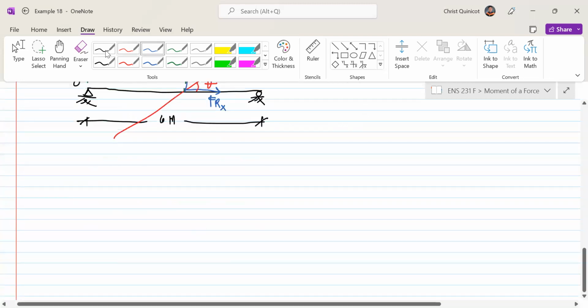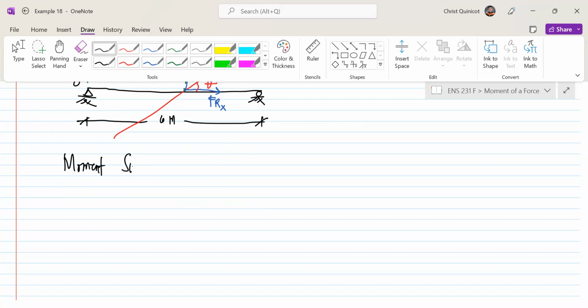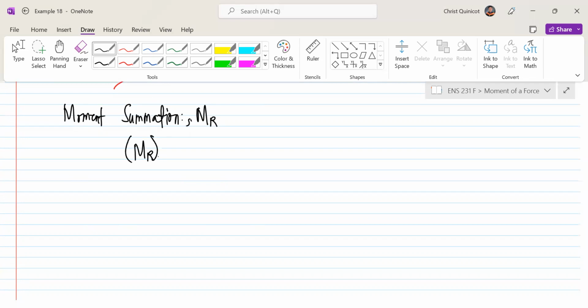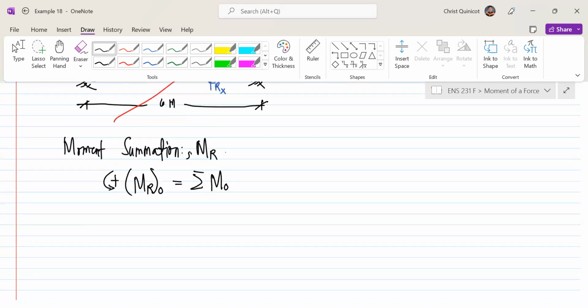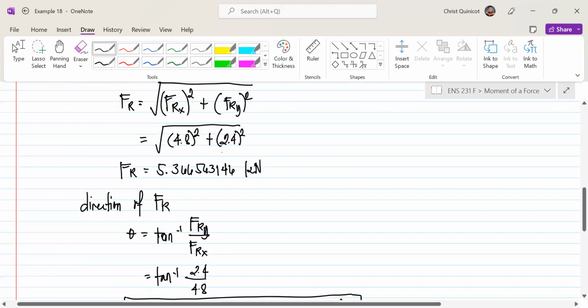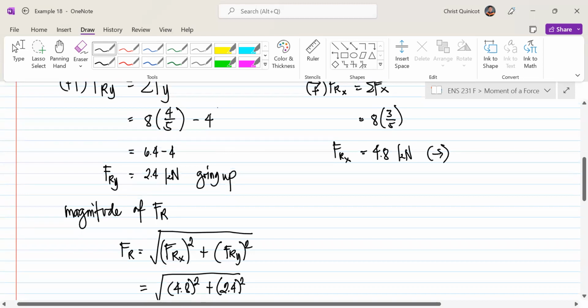Okay, so if we do moment summation, the resultant moment that acts at point O, assuming counterclockwise positive, is equal to the sum of all moments that act at point O. When you talk about resultant moment, it refers to our resultant force, and the value for F sub Ry is 2.4.